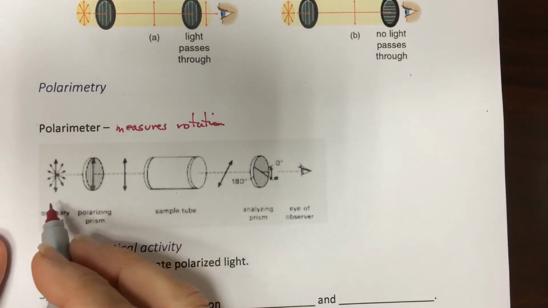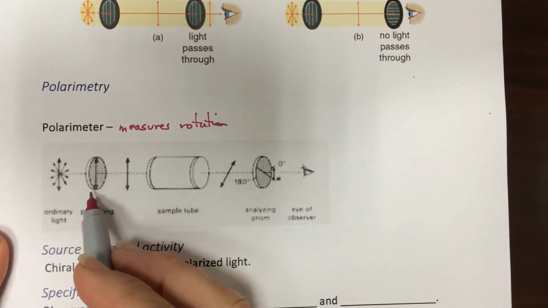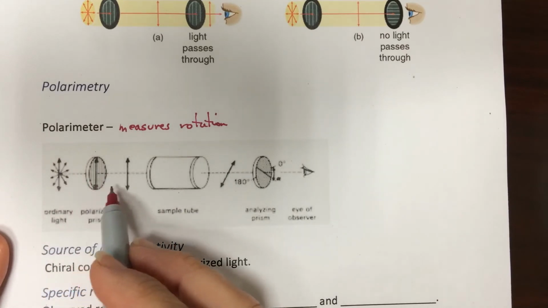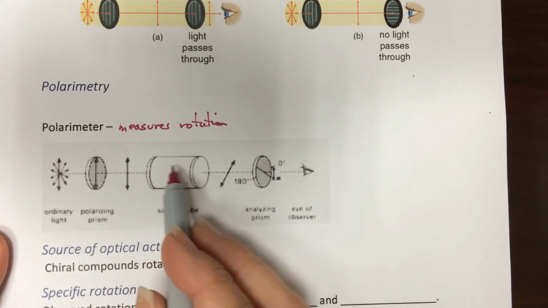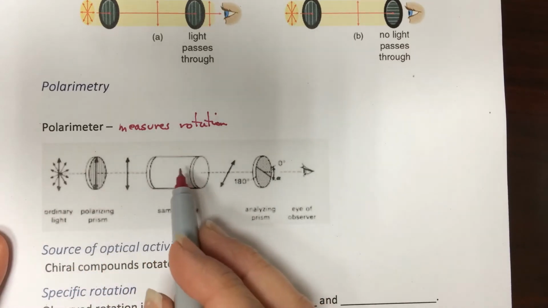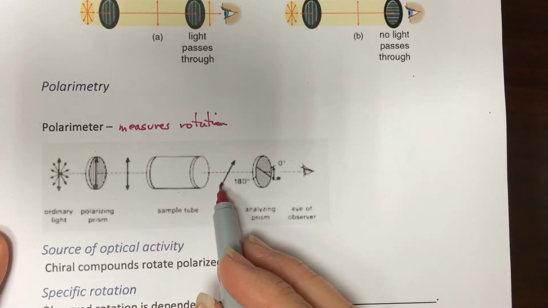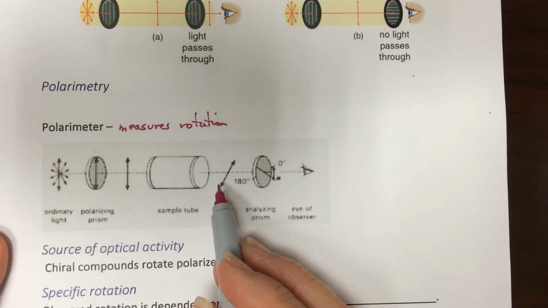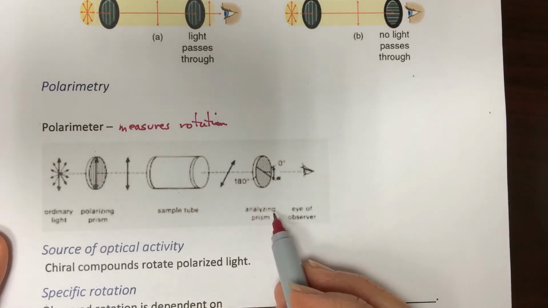We have ordinary light coming in here, a polarizing filter that orients the light so it's all in one direction. This is a sample tube where we'll put our organic compound. It rotates the light. When it comes out, it's in a different orientation, and that can be detected by the analyzing prism.